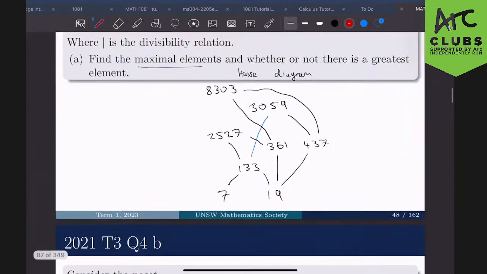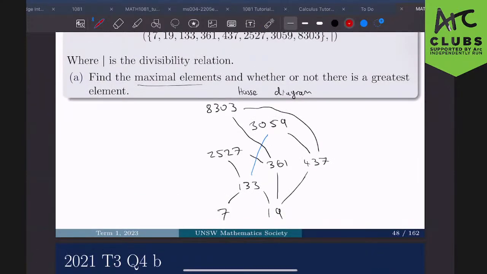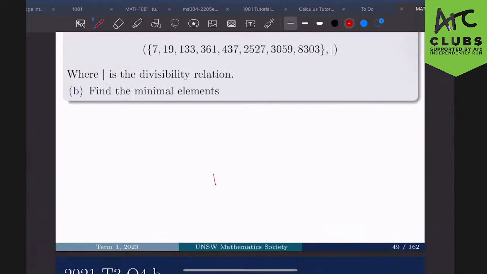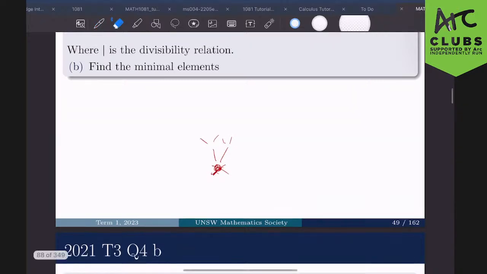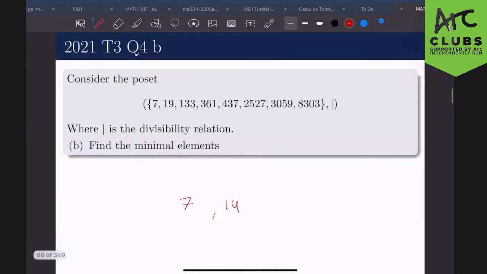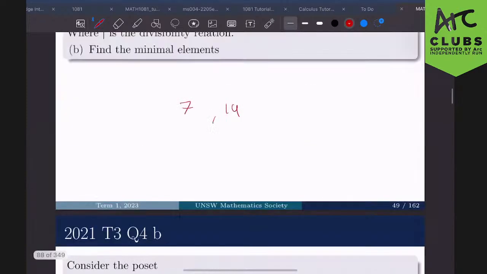Similar to before, though it's not asked in this question, we don't have an element where it all comes down to one element here. So our minimal elements will just be 7 and 19.